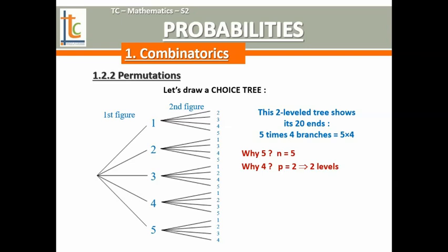If you want to form numbers of 3 different figures, you have to add a third level to the tree with 3 branches at every one of the 20 terminations. And then the number of global terminations of your new tree will be 5 times 4 times 3. So still a decreasing multiplication of integers.